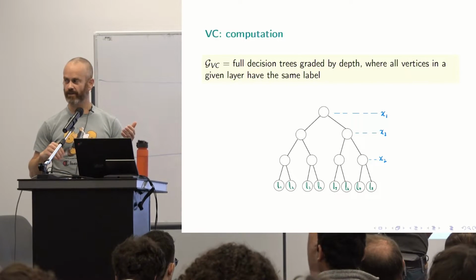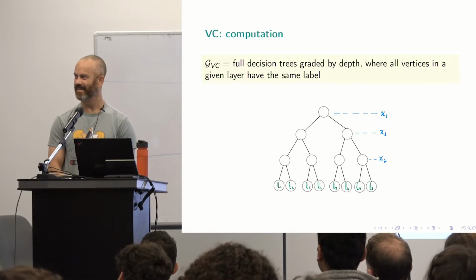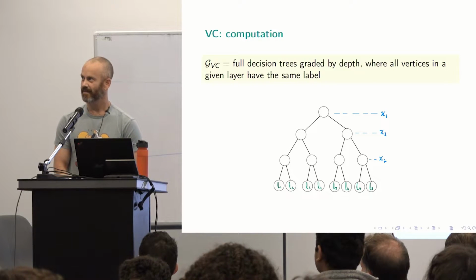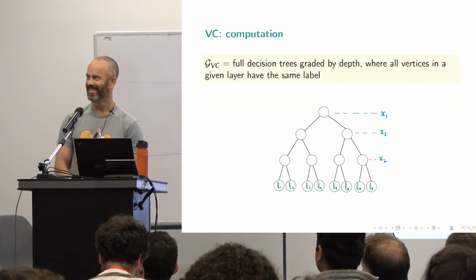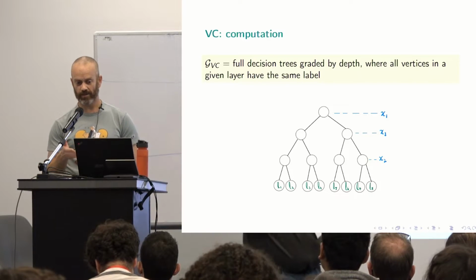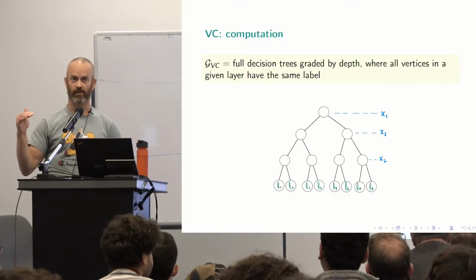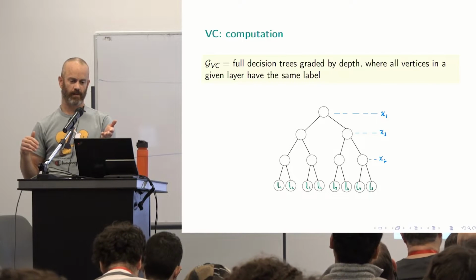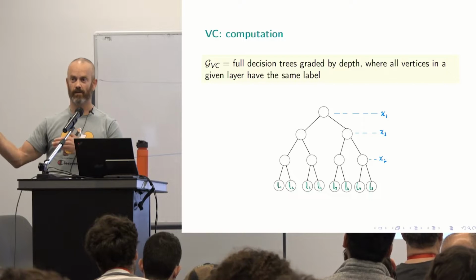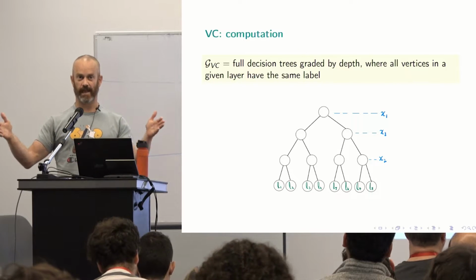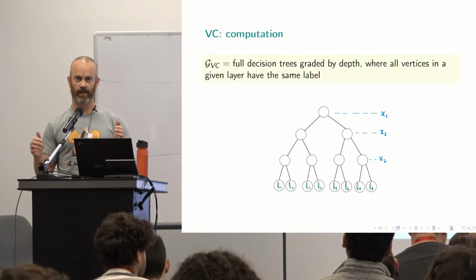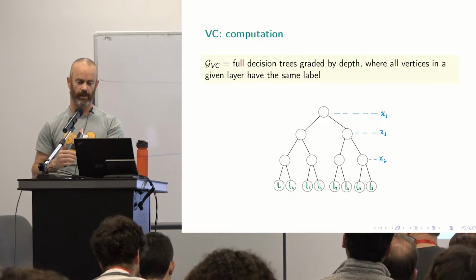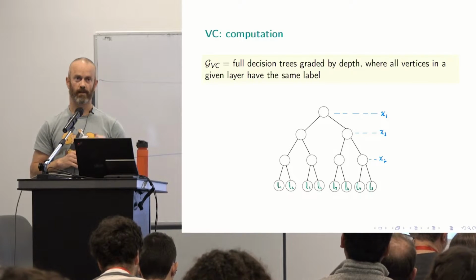And the cost of such a function is the depth of the tree. If you think about it, this definition is identical to the VC that we saw before. It gives the same dimension. So the VC dimension can be defined locally by projection or by computations using decision trees with a certain structure. Does it make sense?